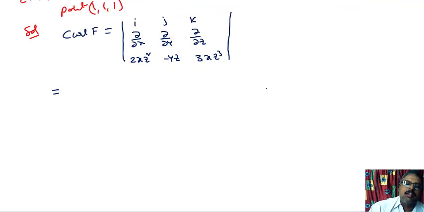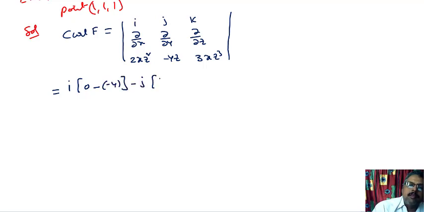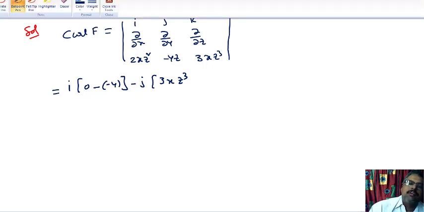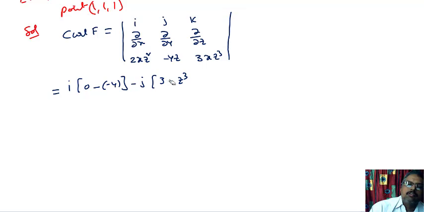Now just find the determinant. i into dou by dou y of this term is 0, here no y terms. Now dou by dou z of this one is minus y. Minus j into dou by dou x of this one, 3xz cube.